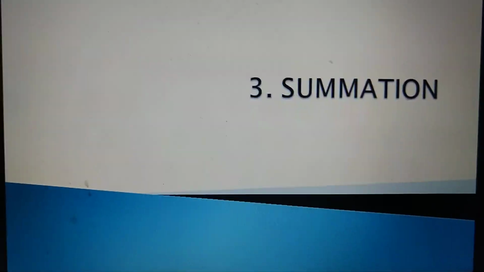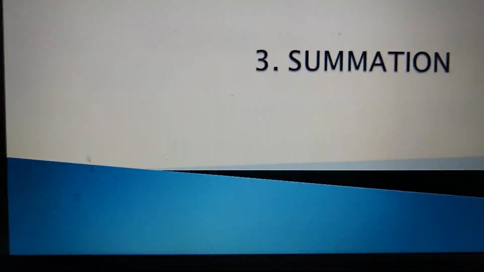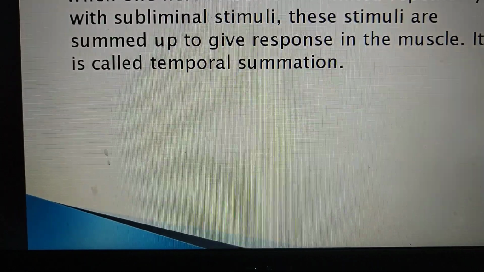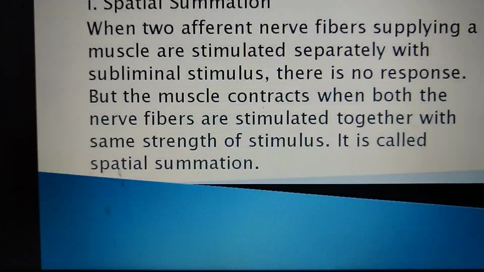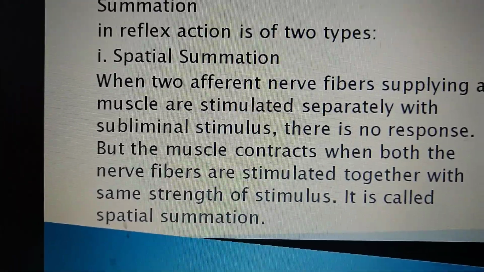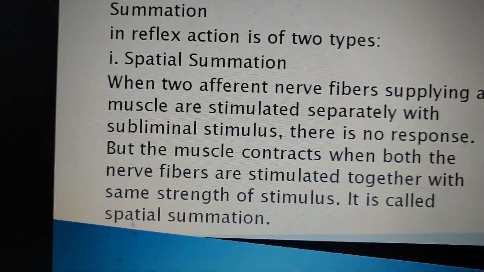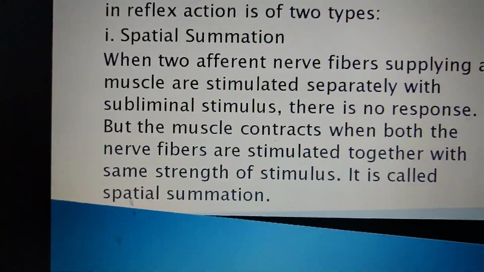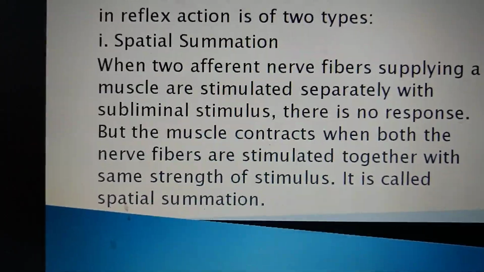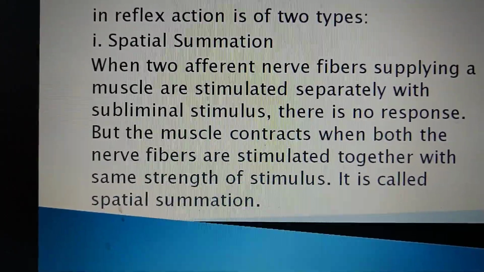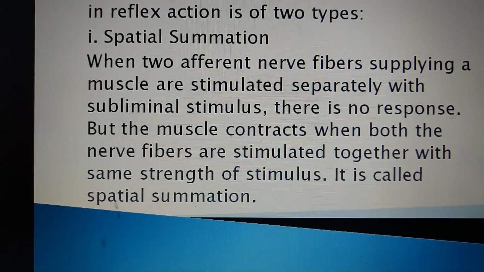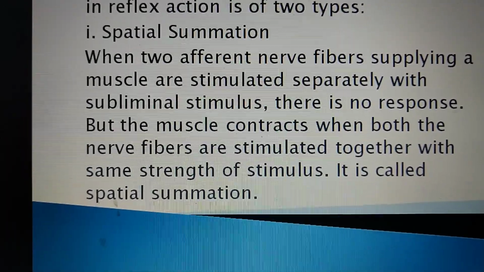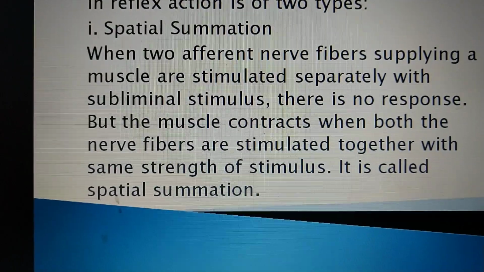There are two types of summation in reflexes. One is spatial summation and the second one is temporal summation. First, spatial summation. Spatial summation means when two afferent nerve fibers are supplying a muscle and they are stimulated separately with a subliminal stimulus, there is no response, but the muscle contracts when both the nerve fibers are stimulated together with the same strength of stimulus.